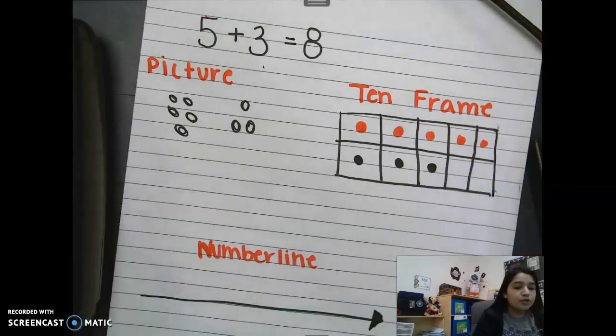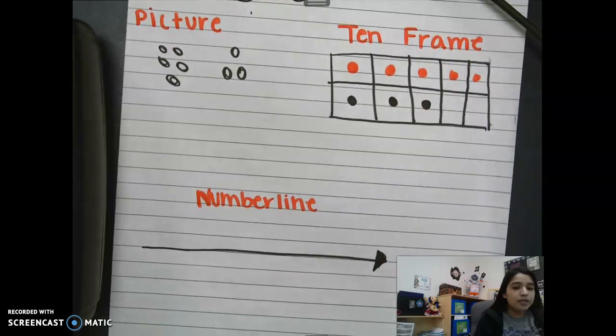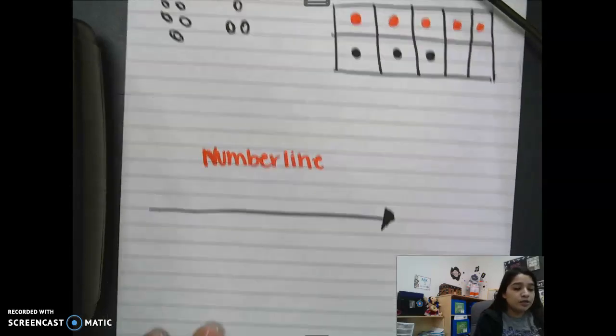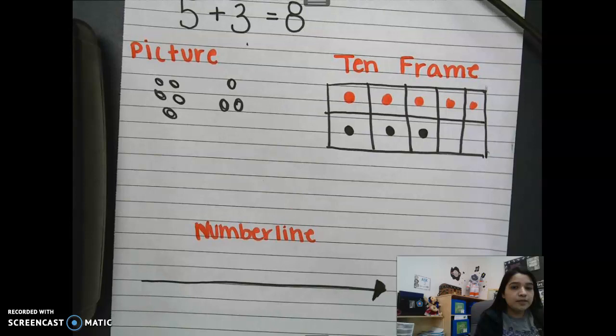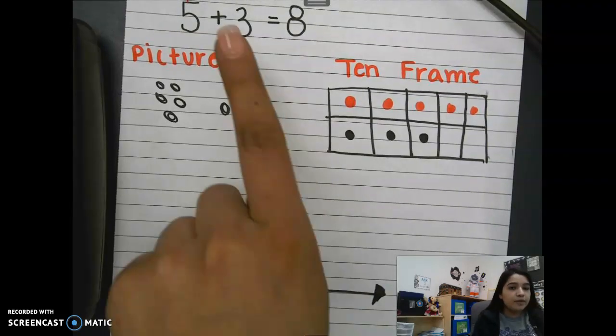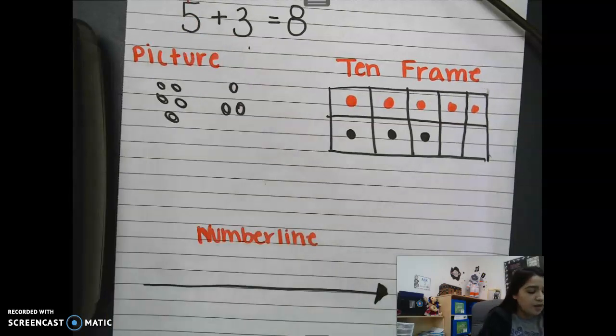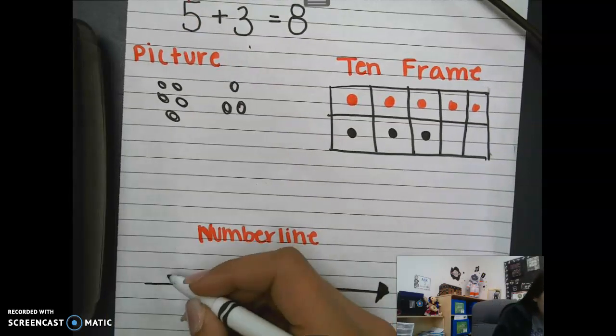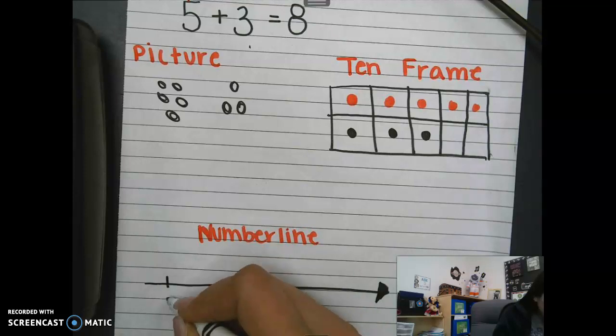And now let's try our new method, which is the number line. So, oops, we still have to see the problem. So if we have 5 up here, we're going to go ahead and start off with the number 1.